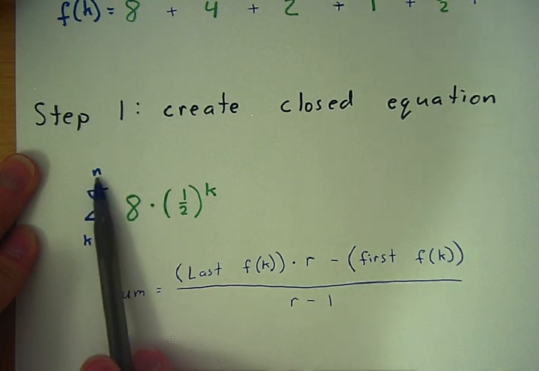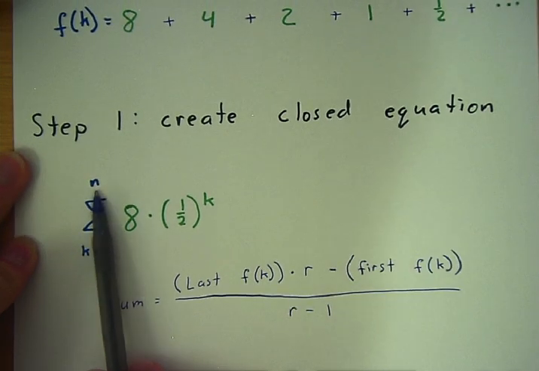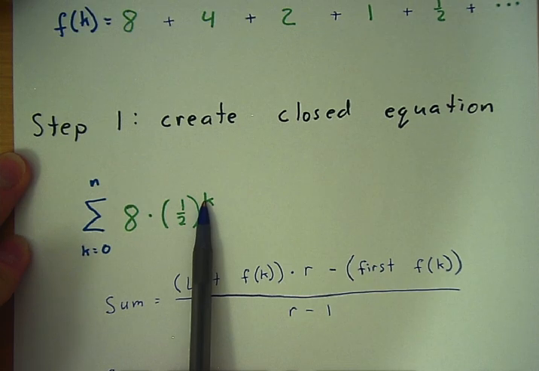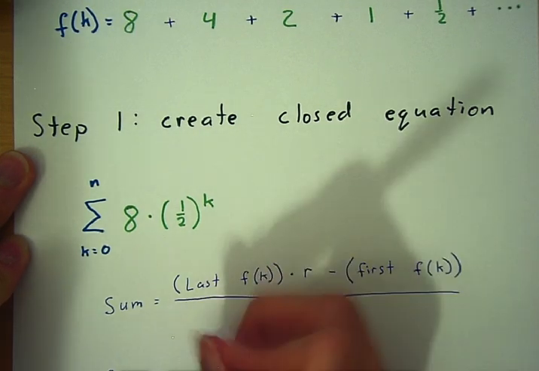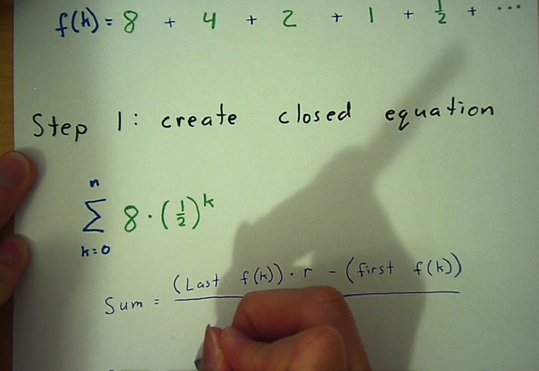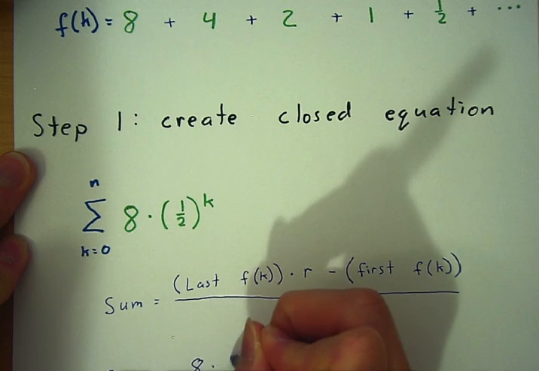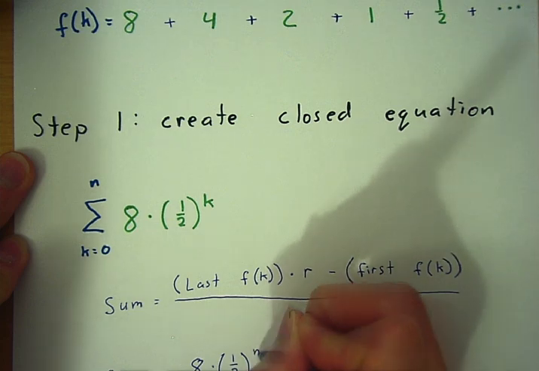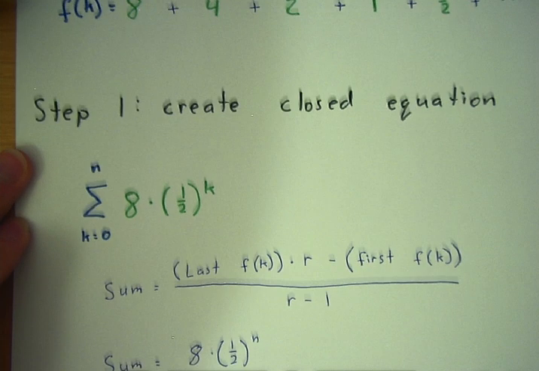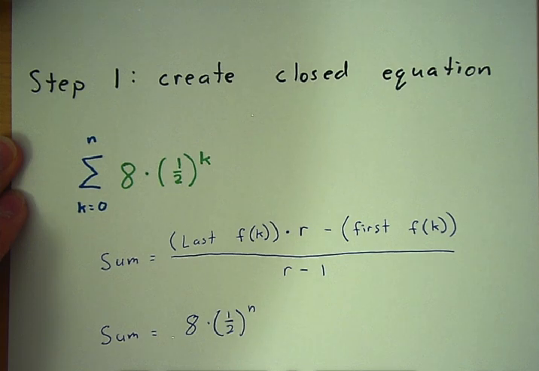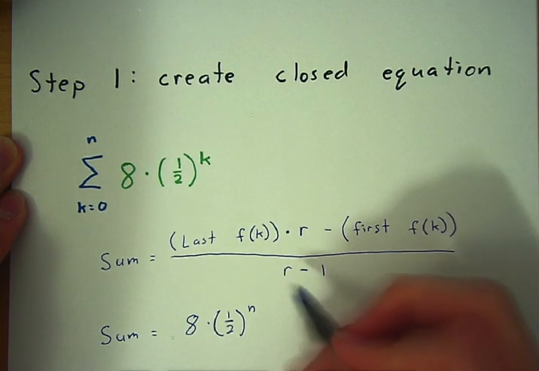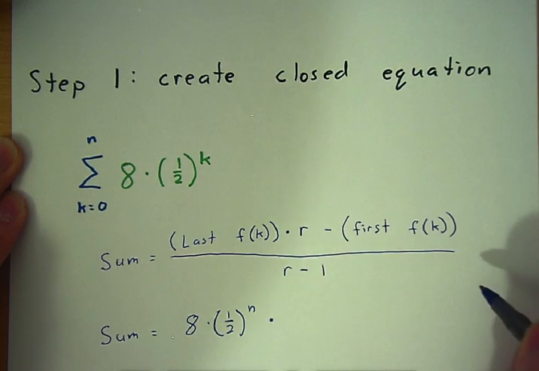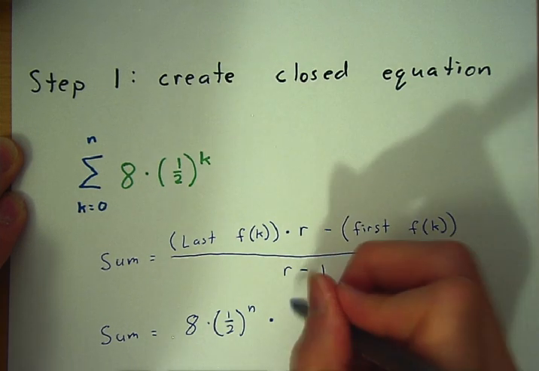Well, my last number is the n one. So it's 8 times 1/2 to the n power is my very last number in this series. Okay. So that's my last number in the series times my r.